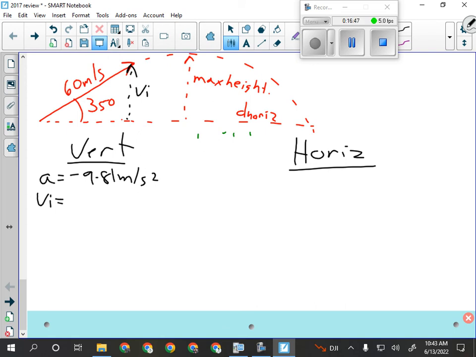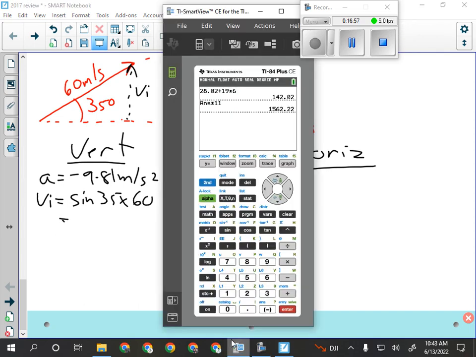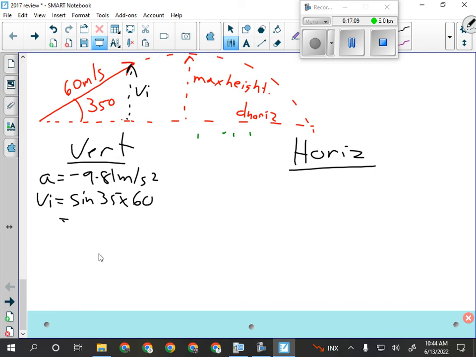Immediately after that, of course, it'll change because gravity will start to affect it. So we'll go sine of 35 degrees times 60. Sine of 35, brackets, times 60. It's 34.41. Of course, we're going to keep all the decimals, 34.41 meters per second, and that's positive.